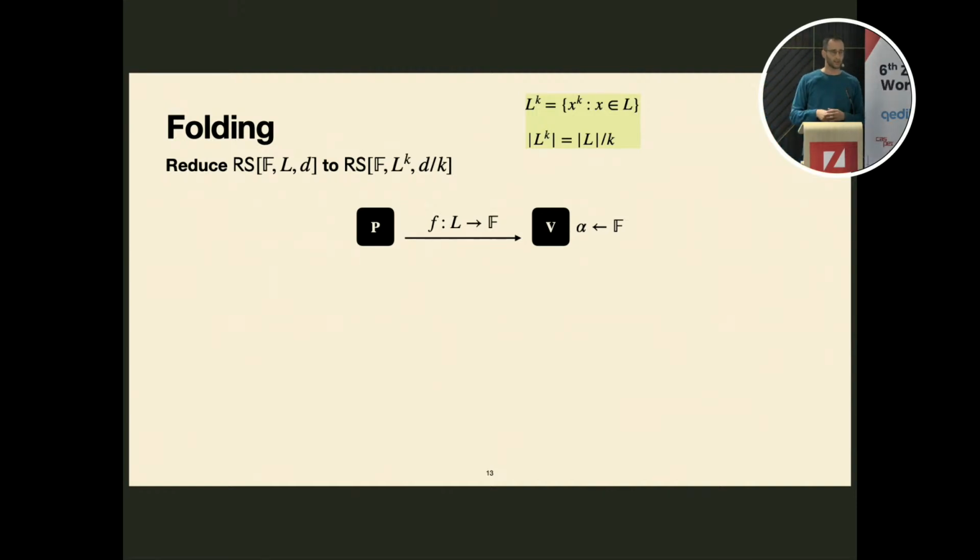So with this folding operation, I can reduce the problem of testing Reed-Solomon of degree D to degree D over 8, and the domain also shrinks by the same factor 8.